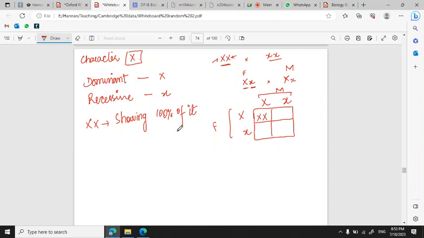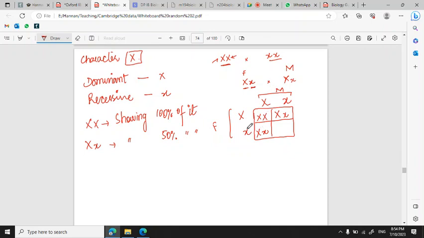Suppose a child gets capital X from father but small x from mother, what does it mean? It means this child is showing 50% of this character. And similarly, this one would have the same condition because this is smaller but this is also capital.